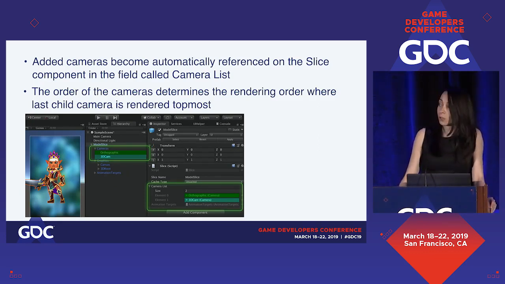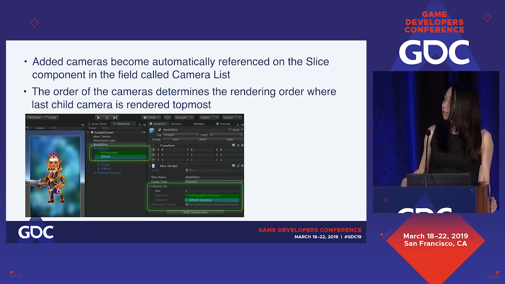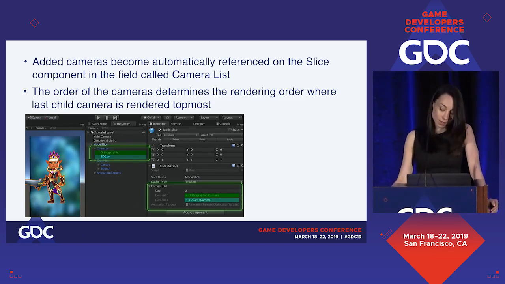If I want to change the order of the cameras, I don't need to operate with any values. I just drag the camera I want to render topmost to the bottom of the camera list, and that's it. It's very neat, and designers really like working with it, because they don't need to assign any camera depth and so on.